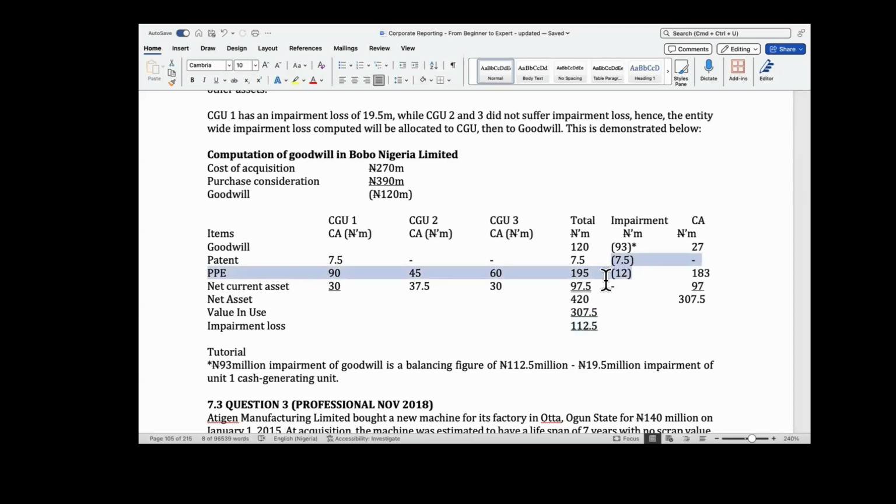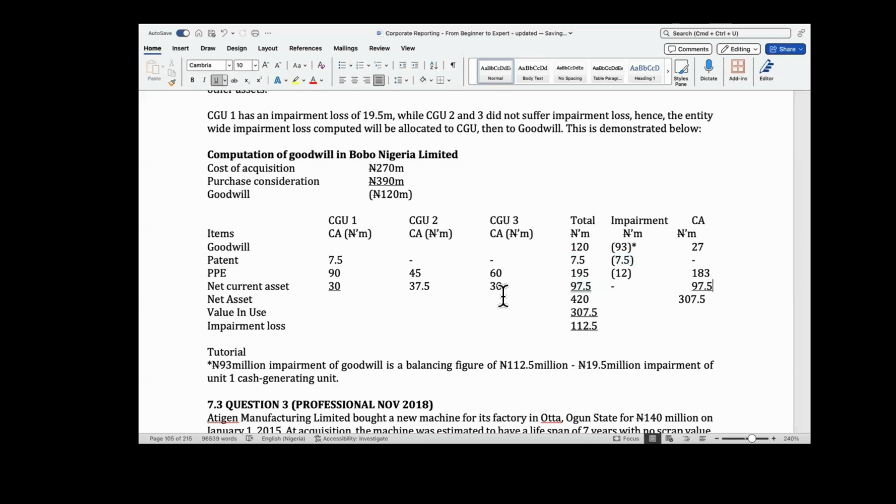The 93 will go to goodwill. So goodwill will reduce from 120 to 27. This one will reduce to 183. Nothing has touched this particular one, so its value remains unchanged at 97.5.